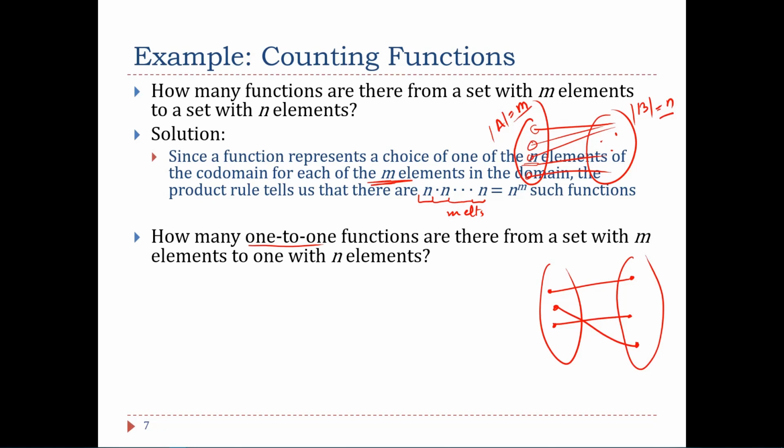So again, since it's only injective, it's not necessarily surjective, so we may have certain elements in B not mapped to any elements in A. But if you look at the possibilities, they are narrowed down right now. For the first element, you have n different possibilities.